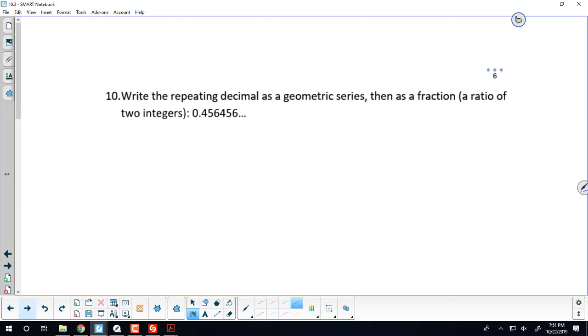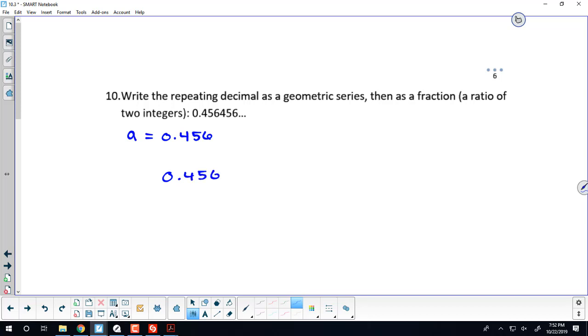You have the 0.456 that's repeating. So if we said that the first term is 0.456, or as we're calling it a, then the next term that we have to add to that would be, we would have to take this here.